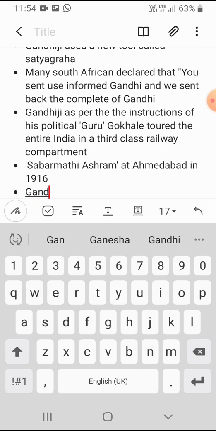Gandhiji understood the problems of India.